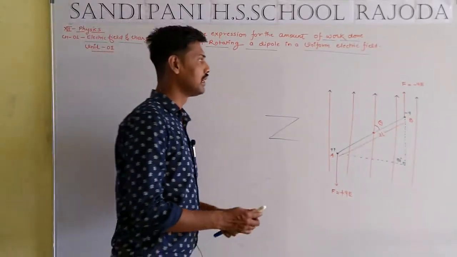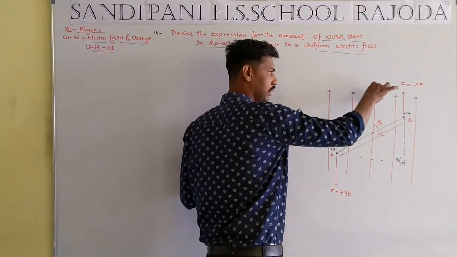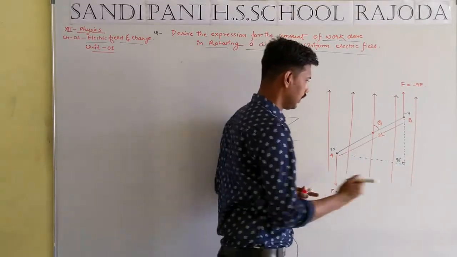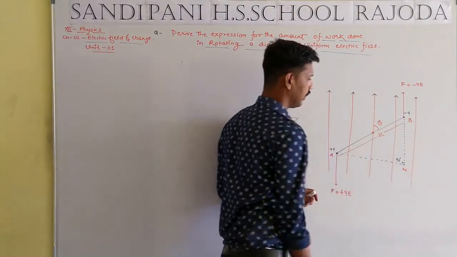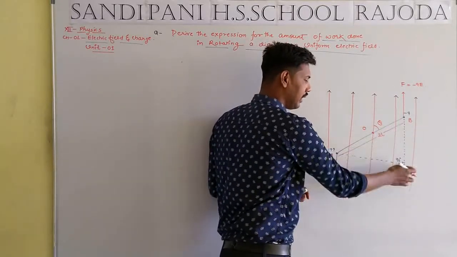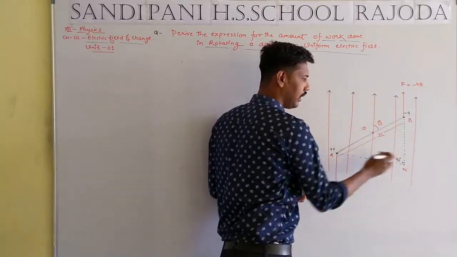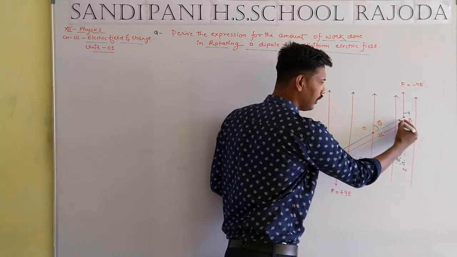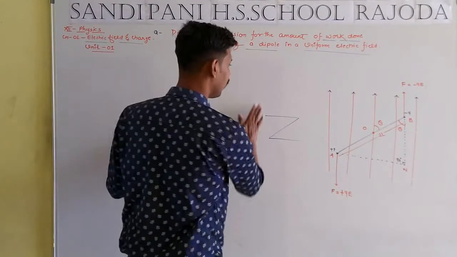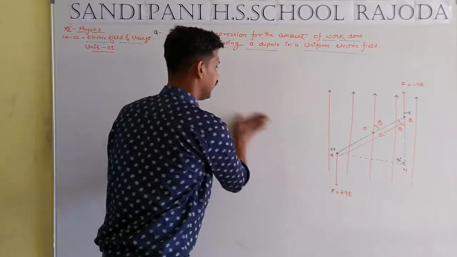The symbol Z, alternate angle. O, then B, then let us consider point N, point O. There is another property like alternate angle, so theta will be equal to theta. I hope you are getting the proper meaning of alternate angle.